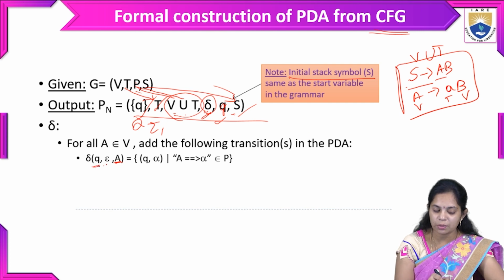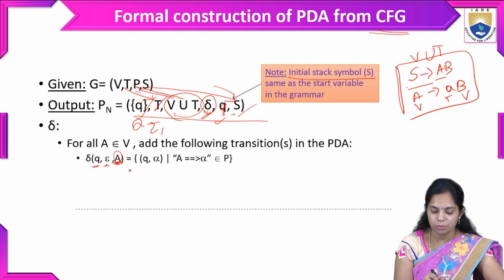This is the present state, this is the input symbol, and this is the top of the stack symbol. Whenever the top of the stack symbol is A, one of the V symbols appears. How do we convert this to a production rule transition function?